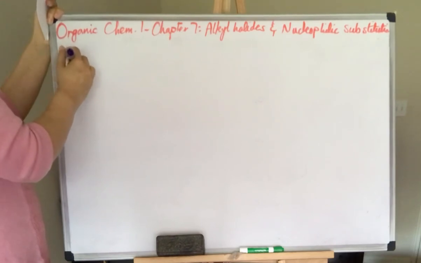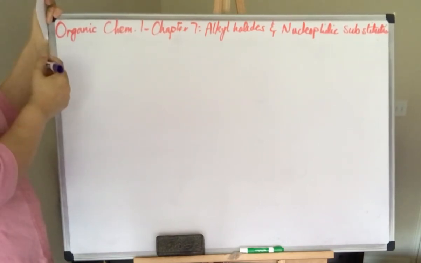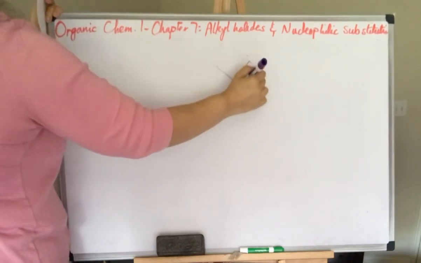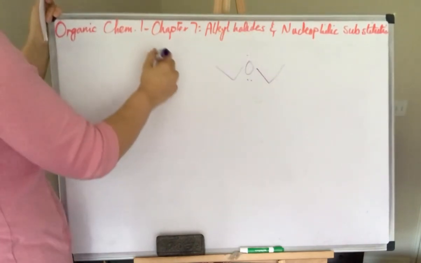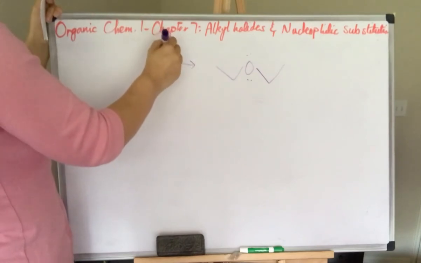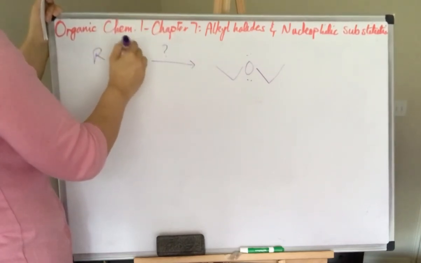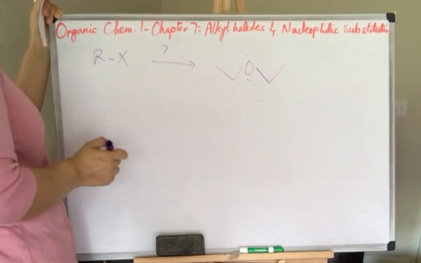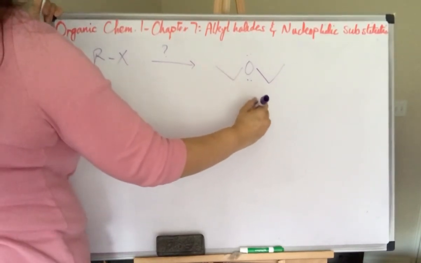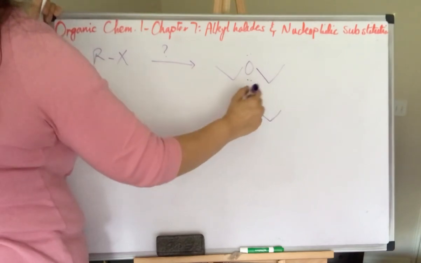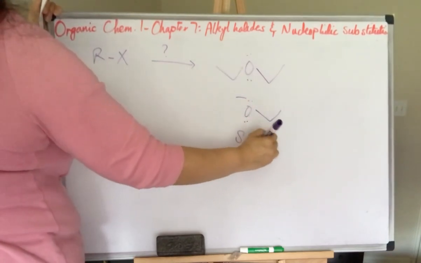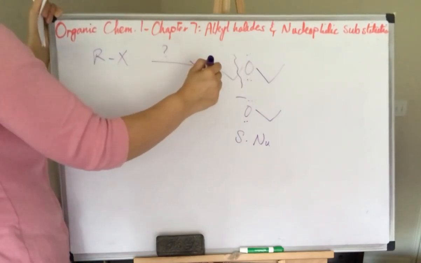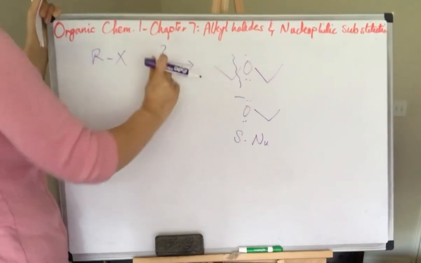So, the first practice, how can you prepare diethyl ether? You can look it up online for the structure, from an alkyl halide and any other organic compounds. So, seems like if we have this, we have a strong nucleophile, right? So the rest of the molecule should come from alkyl halide, correct?